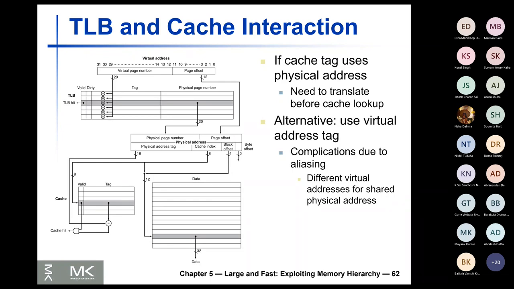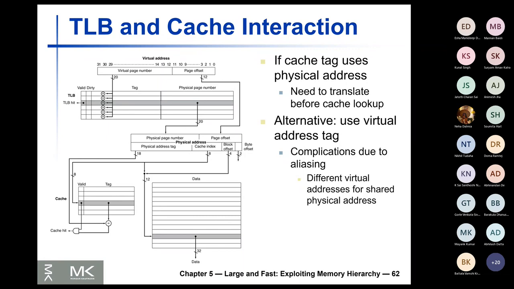This is the overall translation mechanism. Okay. First, you have a virtual address generated by the CPU. You search for the virtual page number.